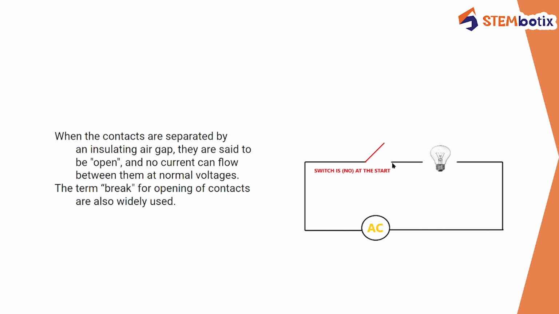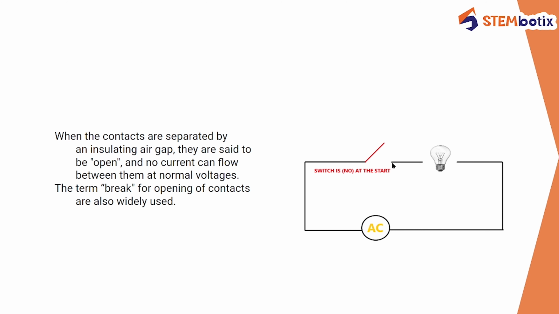And in this particular type you are making the circuit for current to flow through this, hence this is the making of circuit. The contacts can either be normally open, NO, until closed by operation of the switch, or normally closed and opened by the switch action.